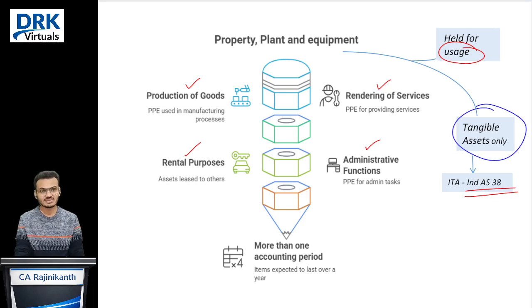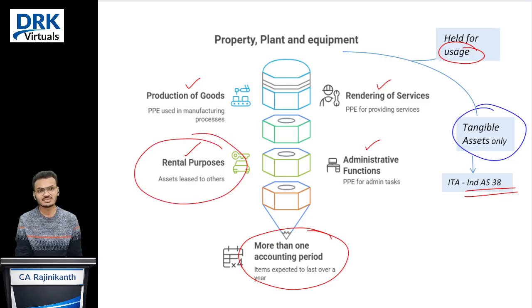But note that the asset is expected to be used for more than one accounting period, then only is it said to be property, plant and equipment as per Ind AS 16. At this stage, I would give you one clarity. If land or building or both are given on a rental basis, in that case Ind AS 40 Investment Property is applicable. Ind AS 16 is not applicable in that case.